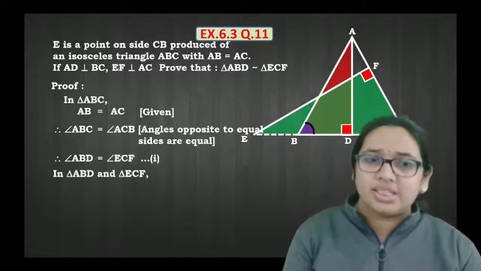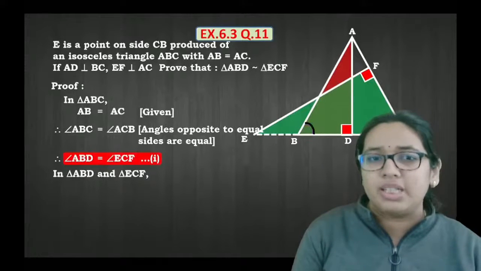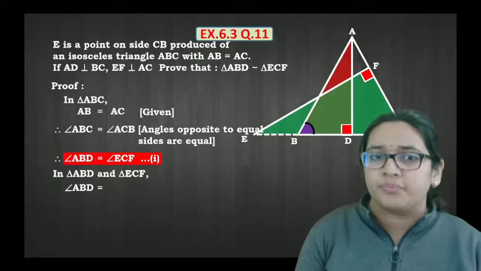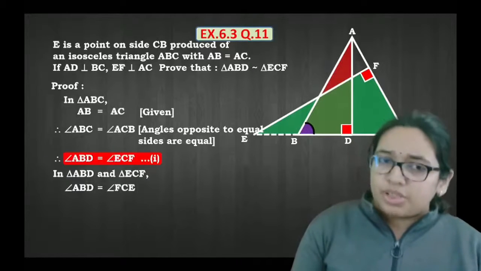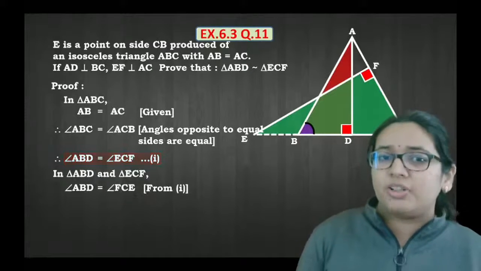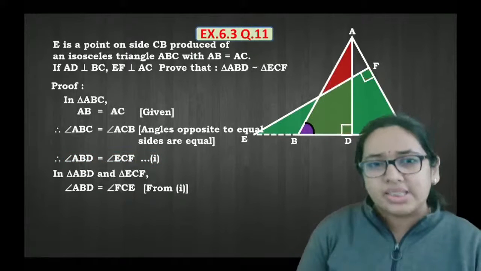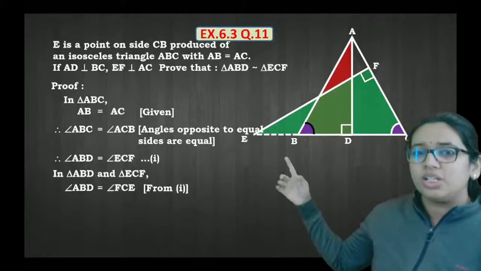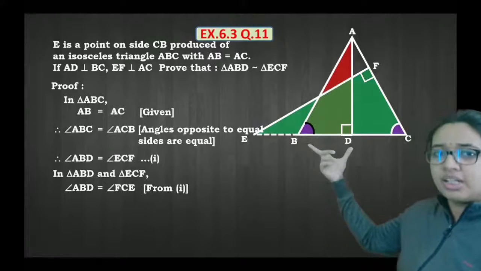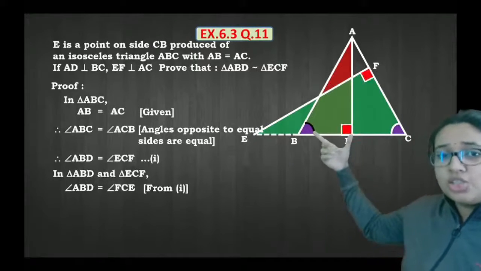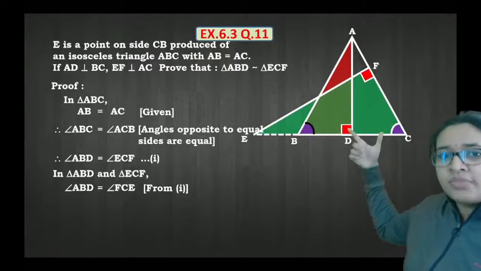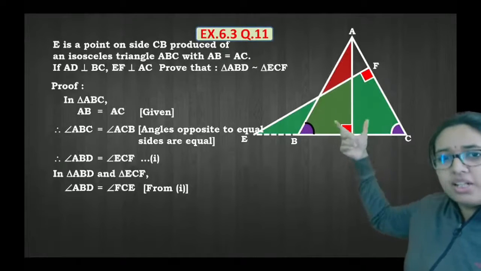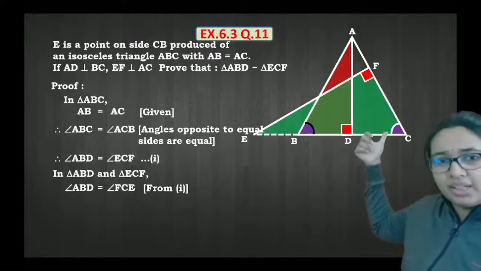So we can say that in triangle ABD, measure of angle ABD and FCE will be same. समझ में आ गया क्या? सबसे पहले हमने ये क्या प्रूव किया? जो आपको ये एंगल दिख रहा है, राइट? That is ABC and ACB are of same angle.